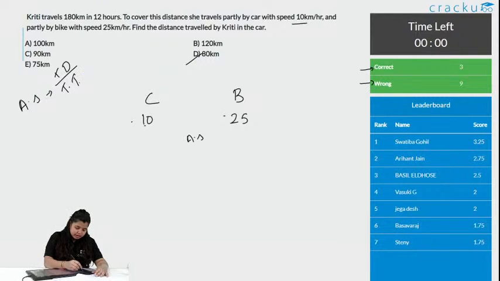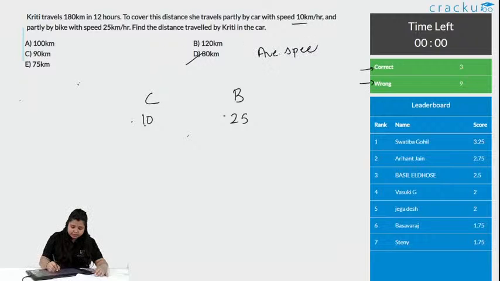So, I will write this clearly here. Always remember, average speed is equal to total distance divided by total time. So, here what is the total distance?